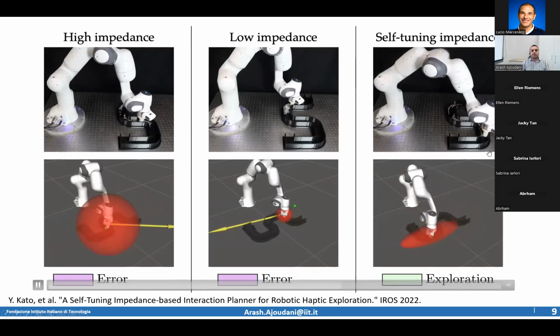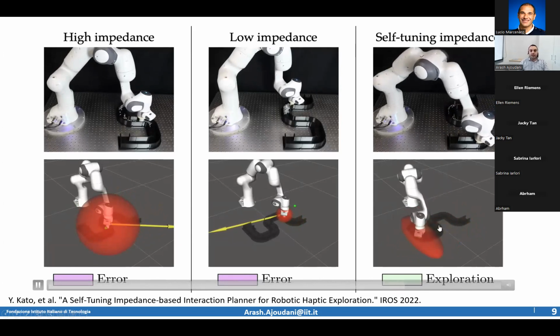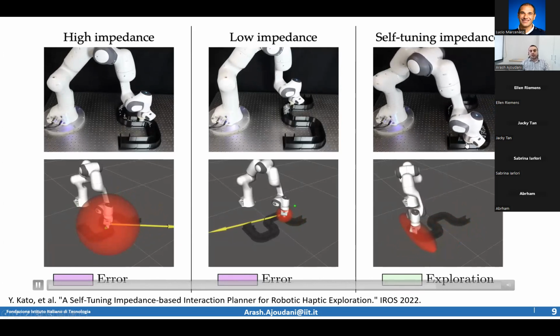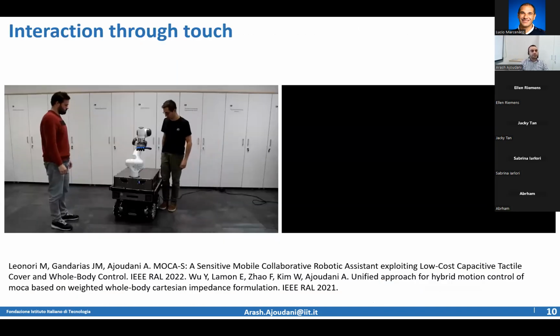But with self-tuning impedance, as I was mentioning, you can always tune your impedance values according to the trajectory and the constraints that you receive from the environment, only through touch. So this robot has no clue what this maze looks like, but it goes through by feeling the forces and, by processing the interaction forces, is able to perform the task.